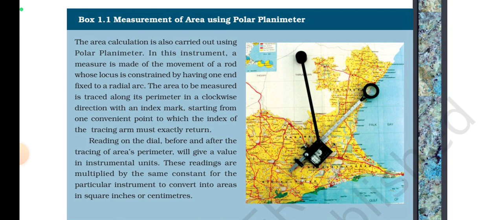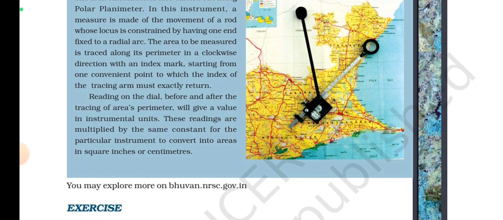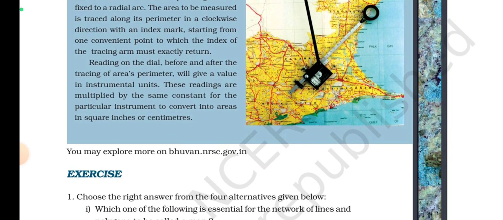The area to be measured is traced along its perimeter in a clockwise direction with an index mark, starting from one convenient point to which the index of the tracing arm must exactly return. Reading on the dial before and after the tracing of the area's perimeter will give a value in instrumental units. These readings are multiplied by a constant for the particular instrument to convert into areas in square inches or centimeters. You may explore more on bhuvan.nrsc.gov.in.